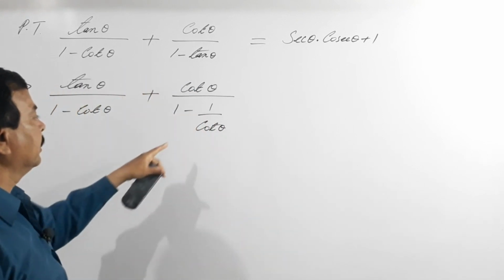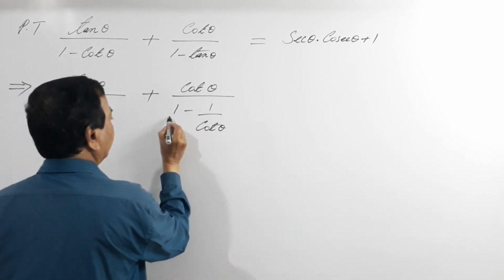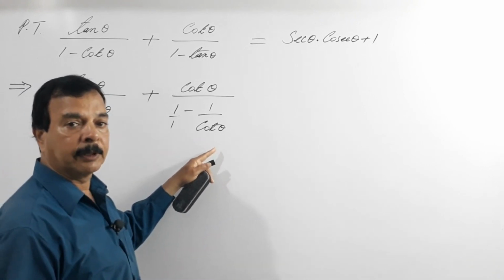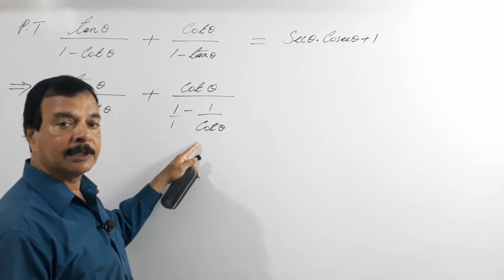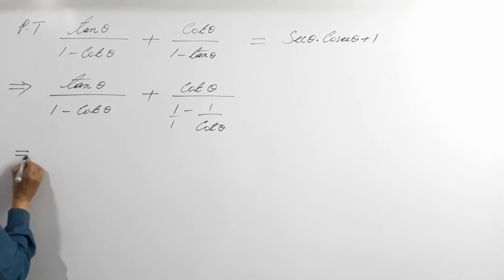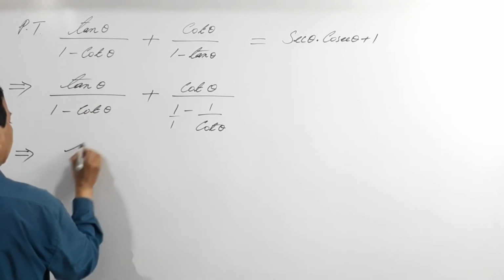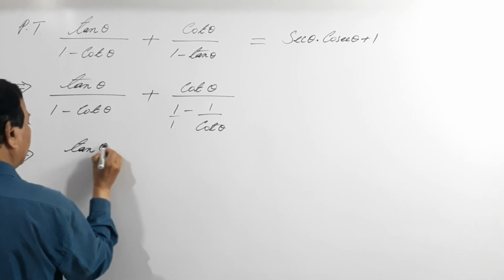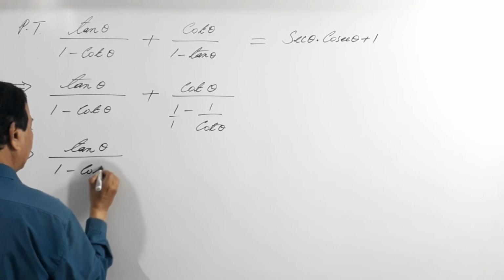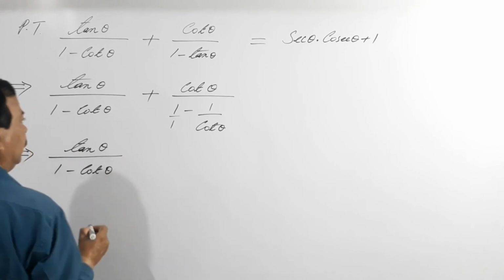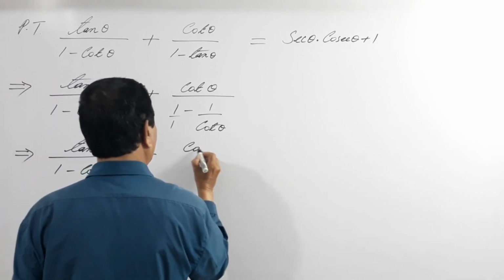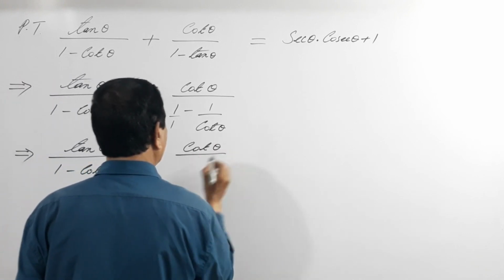So after using this, here you write 1 below this, so that will remind you that you have to take LCM here. So at this point of time, you have to take LCM here. This is equal to tan theta over 1 minus cot theta plus cot theta.